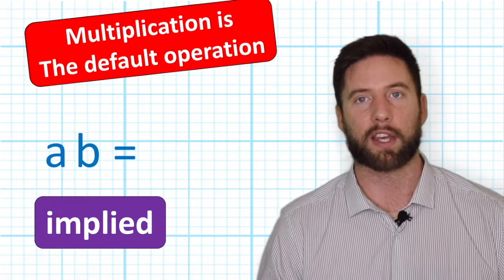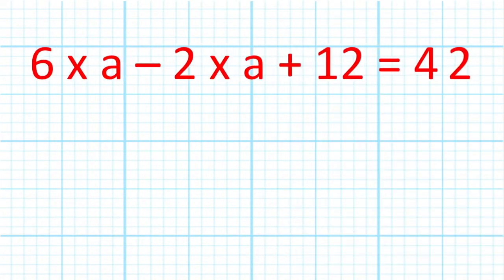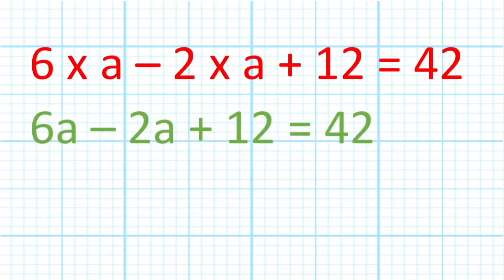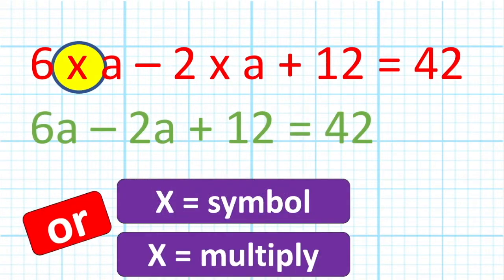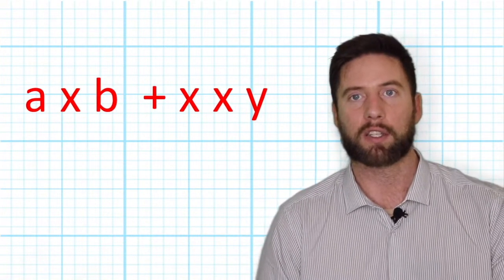The advantages of this is that it makes a lot of algebraic equations a lot less cluttered and a lot smaller, and you're a lot less likely to make mistakes confusing sometimes the X symbol with X the process. So for example, instead of having A times B plus X times Y, we can have AB plus XY.